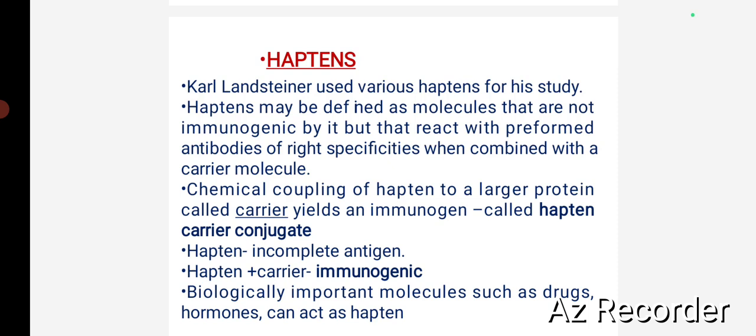Chemical coupling of hapten to a larger protein, called a carrier, yields an immunogen called hapten carrier conjugate. Generally, haptens are incomplete antigens. The hapten combined with a carrier molecule then only becomes immunogenic. Biologically important molecules such as drugs and hormones can act as haptens.